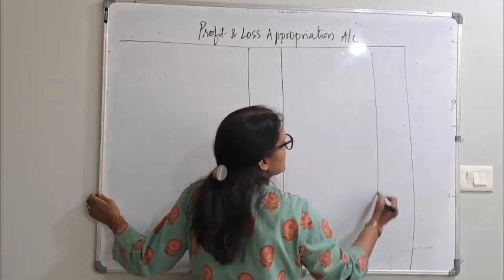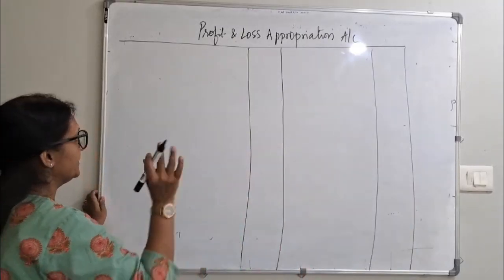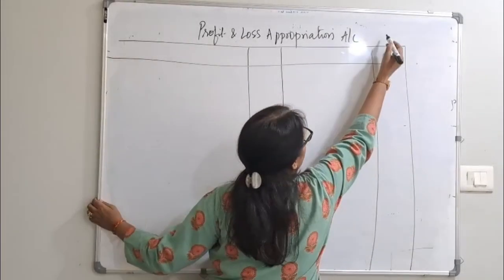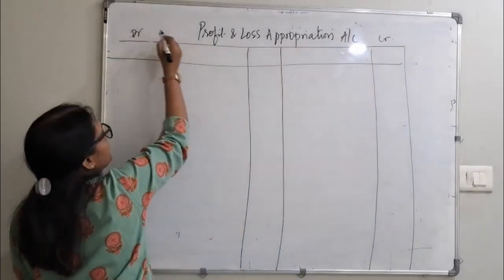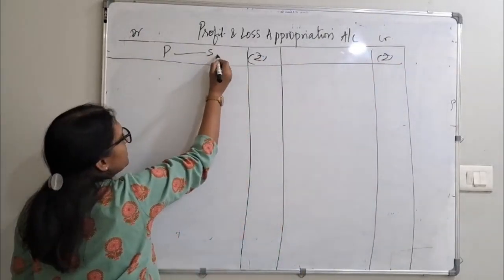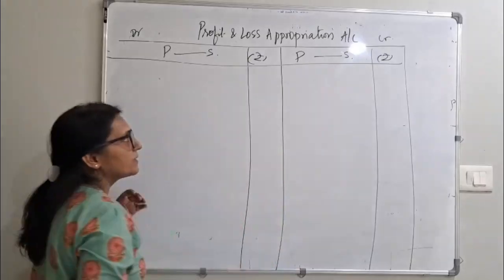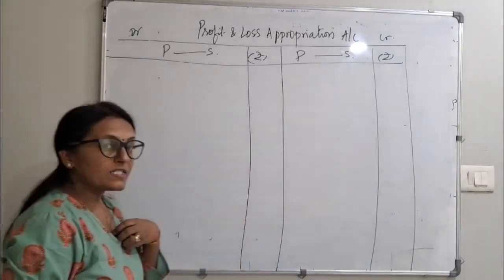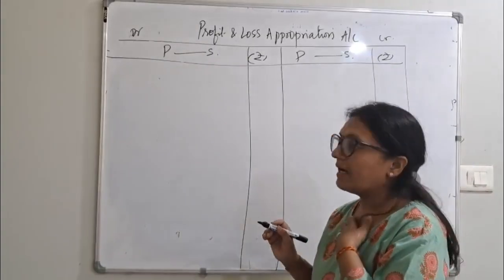After so many years, also I am not able to draw a straight line. Leave it. Now I am not going to master in that. This is particulars. First entry we have done is net profit. We have brought it down.